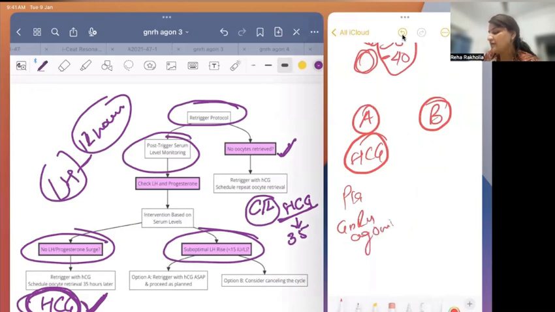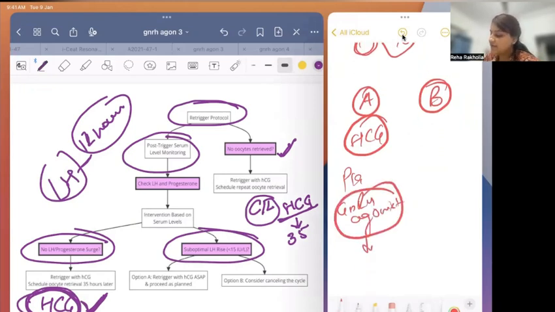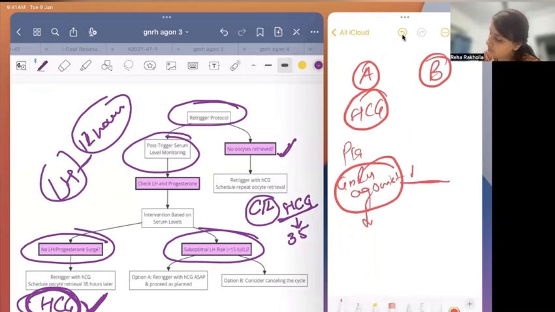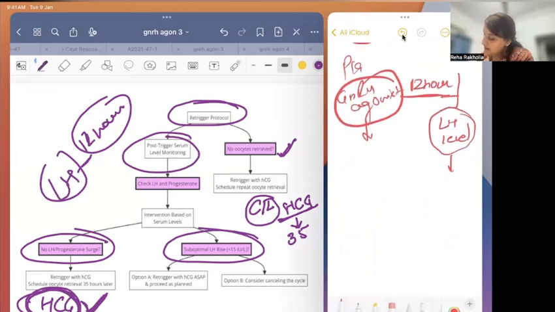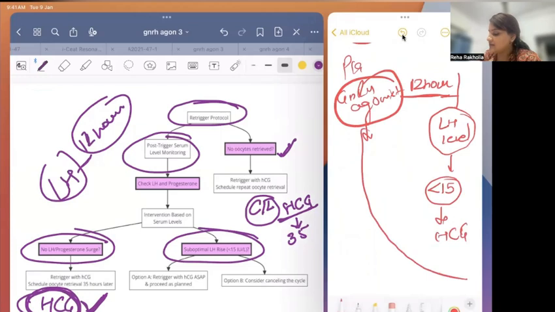That means when we gave the GnRH agonist trigger, if after 12 hours we look for the LH level and it is less than 15, then we'll give HCG, but we'll plan our retrieval according to the GnRH agonist trigger.